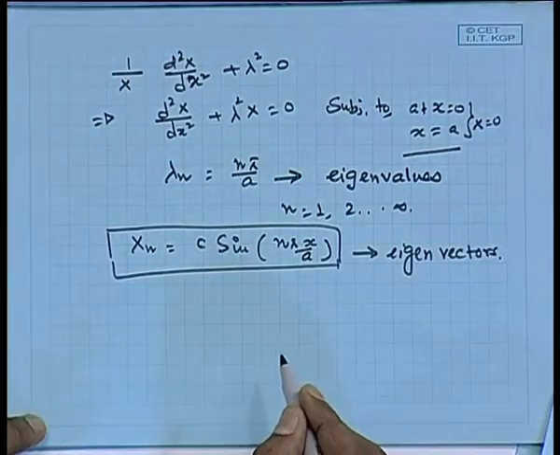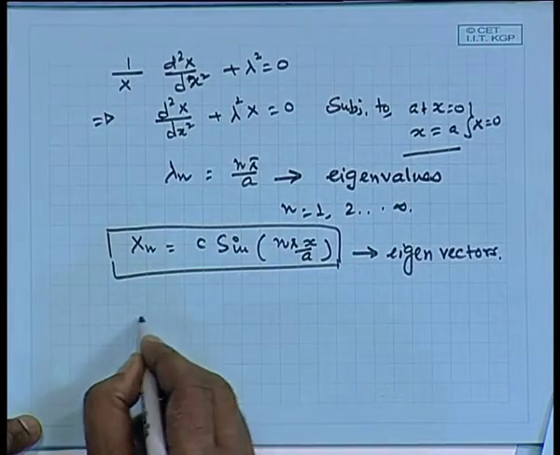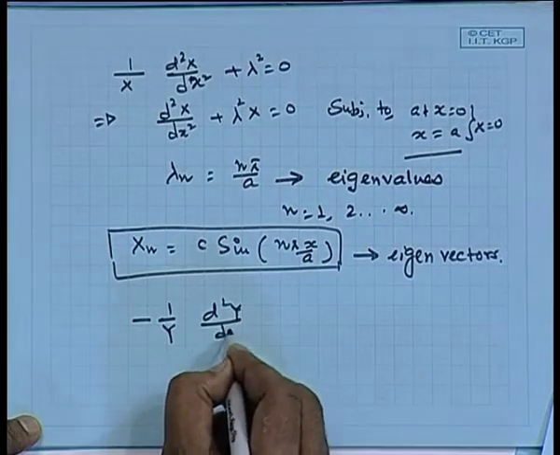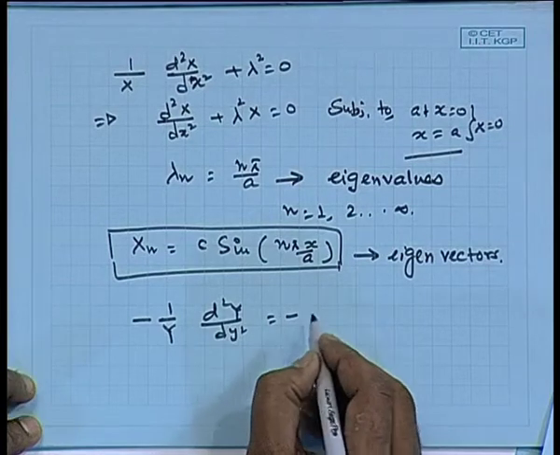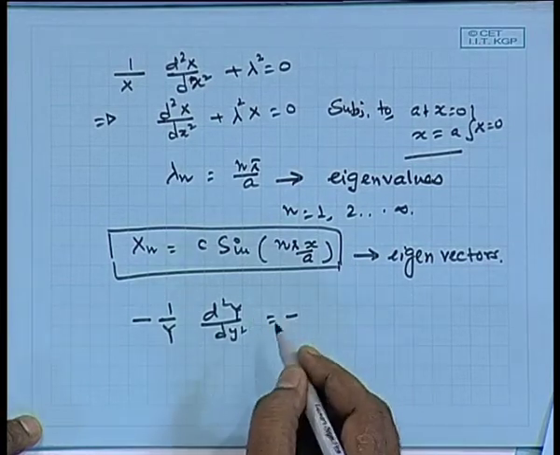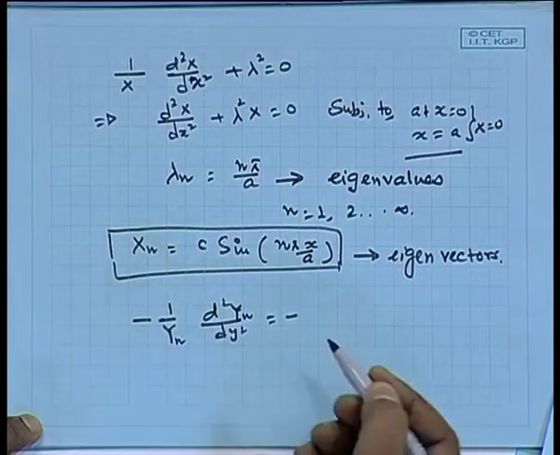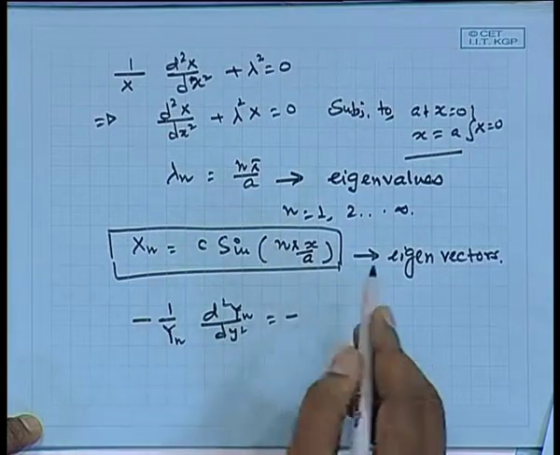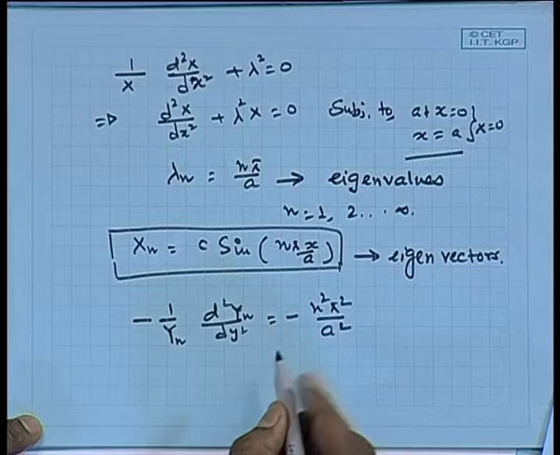Now, let us look into the solution of the y containing part. The y component containing part will be minus 1 over Y d²Y/dy² is minus lambda square. Lambda square is basically lambda n square. So, we will be having subscript Yn corresponding to the nth eigenvalue. So, this will be lambda n square, so it will be n² pi² by a². Okay.